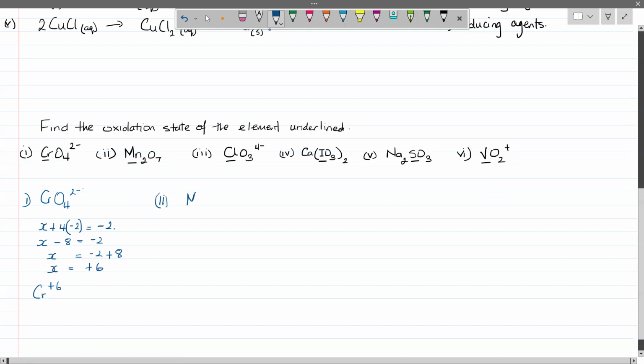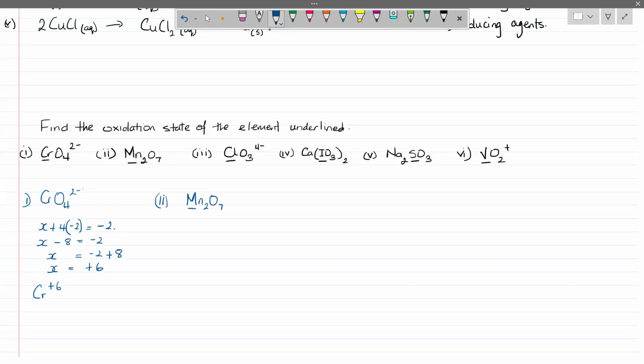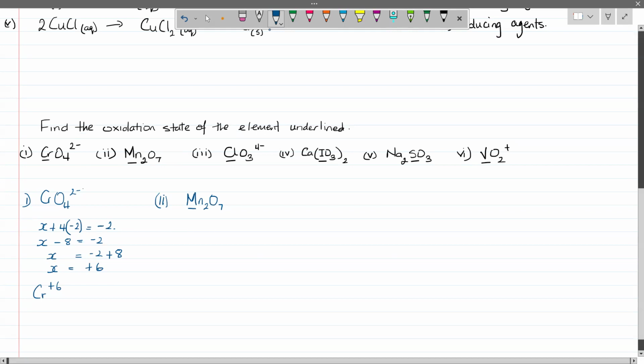Next, we're doing Mn2O7. We want to get the Mn. Now, because there's 2 of them, we have to put 2x here. We know that oxygen, there's 7 of them, and the oxidation number for oxygen is -2. Now, this is a compound, so the overall charge is 0. There's no charge.